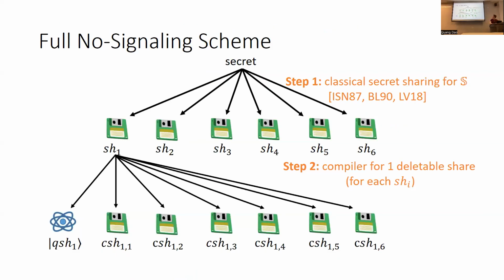So when we fast forward a little bit and look at this, here we need to break up SH1 further so that we can actually delete it. Essentially what we did is we just added a level on top of our prior scheme and then made it so that each of these top level shares can be deleted. Okay. Does that answer your question?